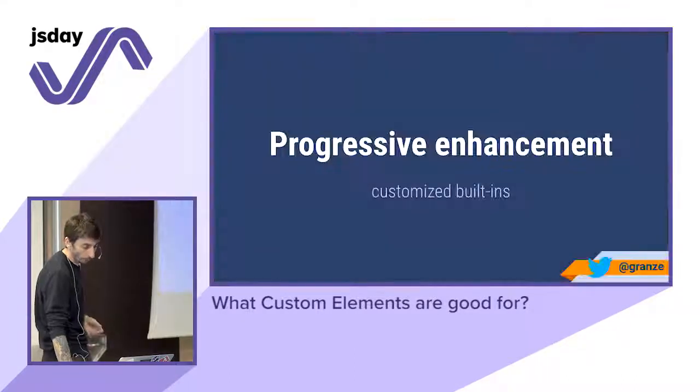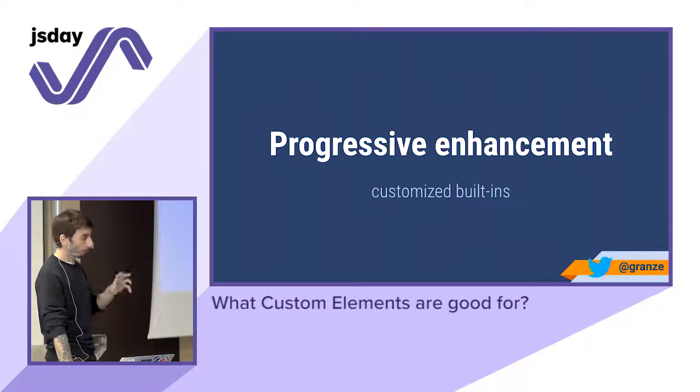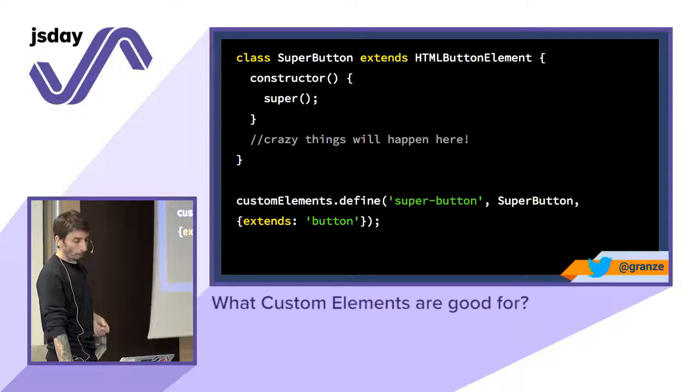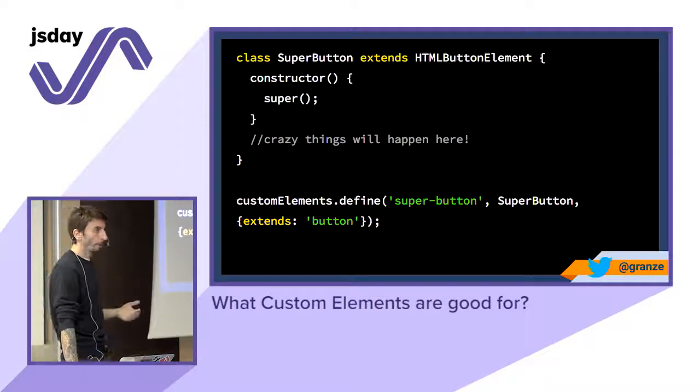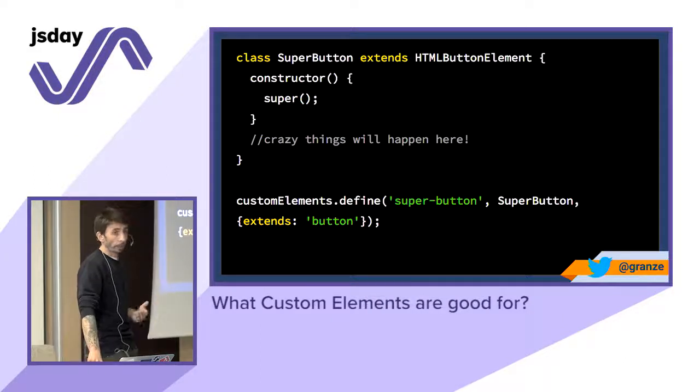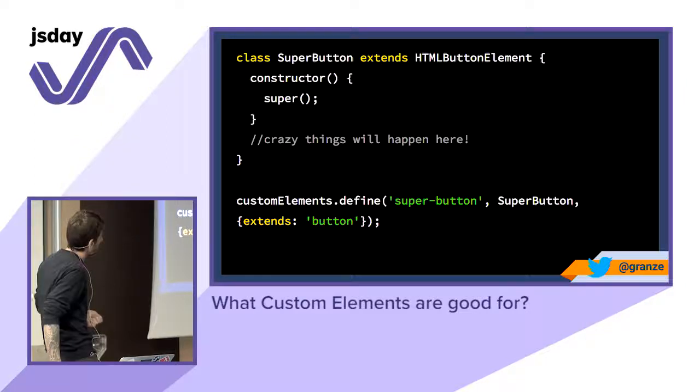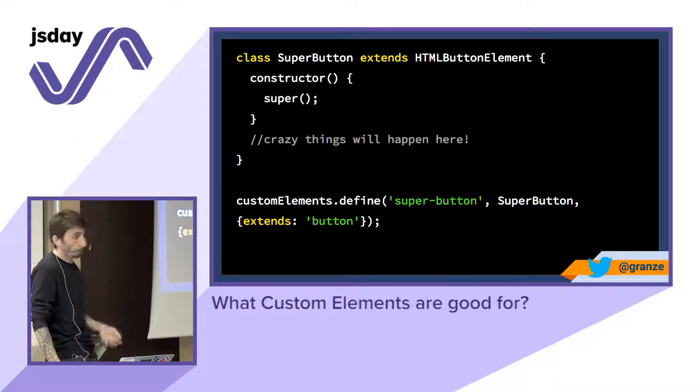Another cool thing about custom elements is the progressive enhancement you get, because you can not only extend the basic HTML element, but you can also extend more complex HTML elements like a button.